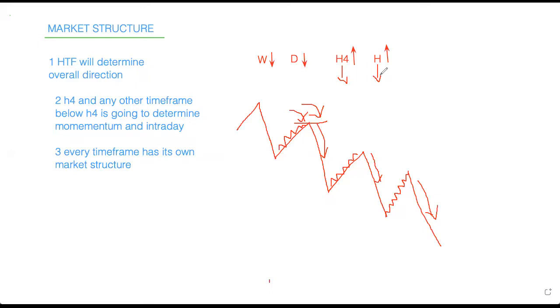So in this case, we can have larger time frames being bearish, which is the overall downtrend, but smaller time frames are going to be just bullish so as to trade corrections. Okay. Is there anyone who's not understanding currently what we're saying?